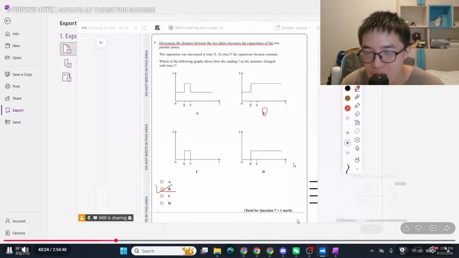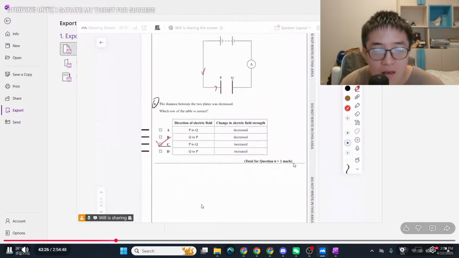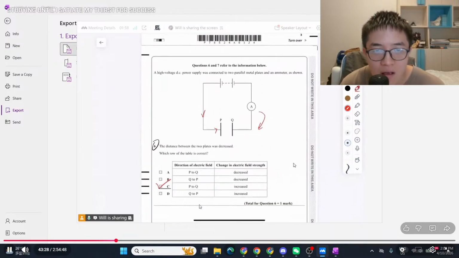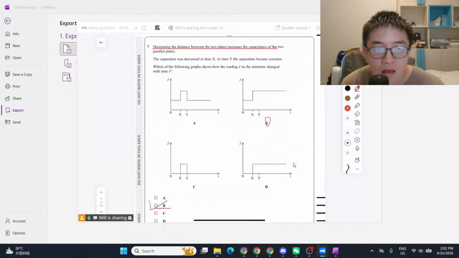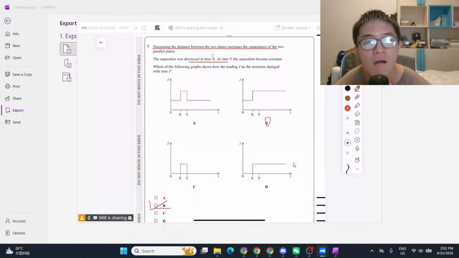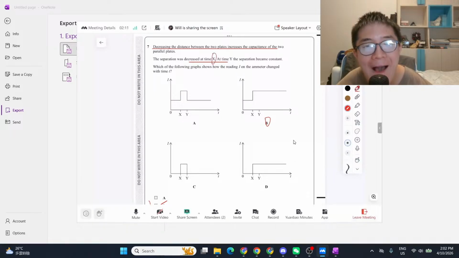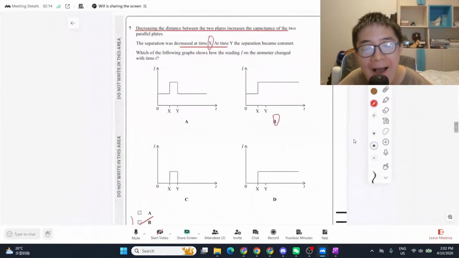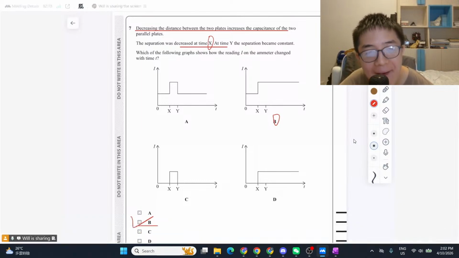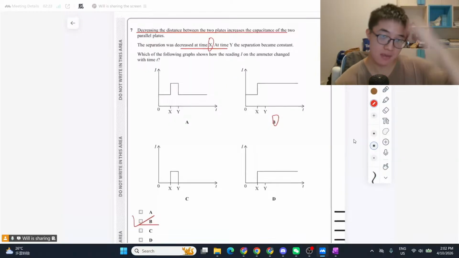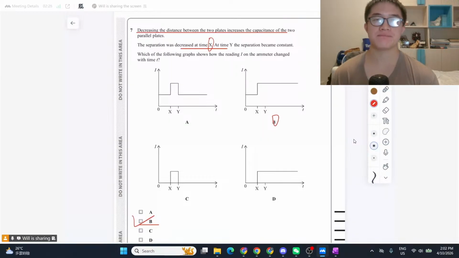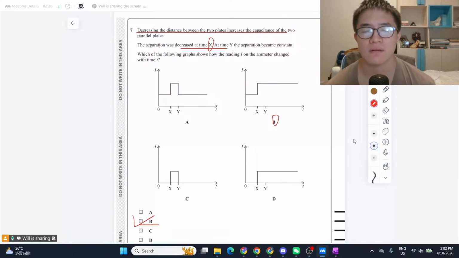Okay, here's the two parallel plates. Just the graph, right? The same graph, because question 6 and 7 refer to the information below. And the separation decreased at the time x, right? So when I decrease the separation, what quantity will change? The capacitance increases. And how does the current change?